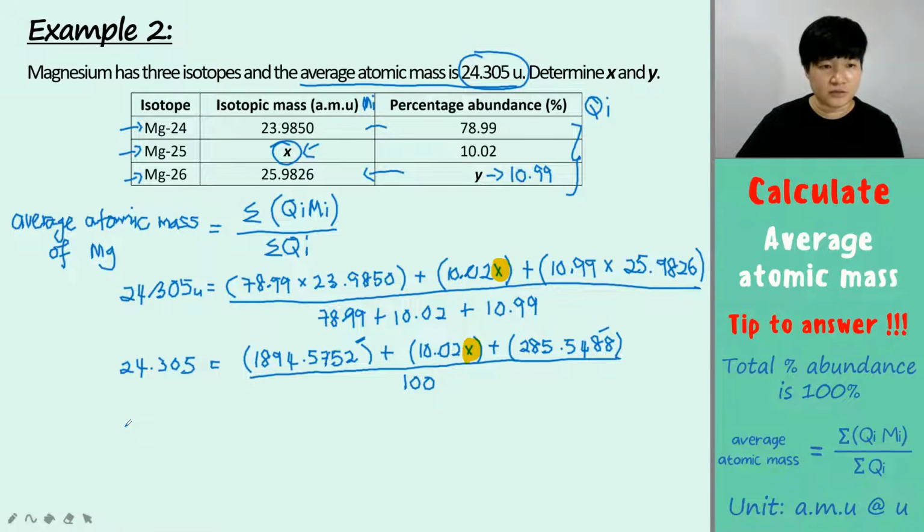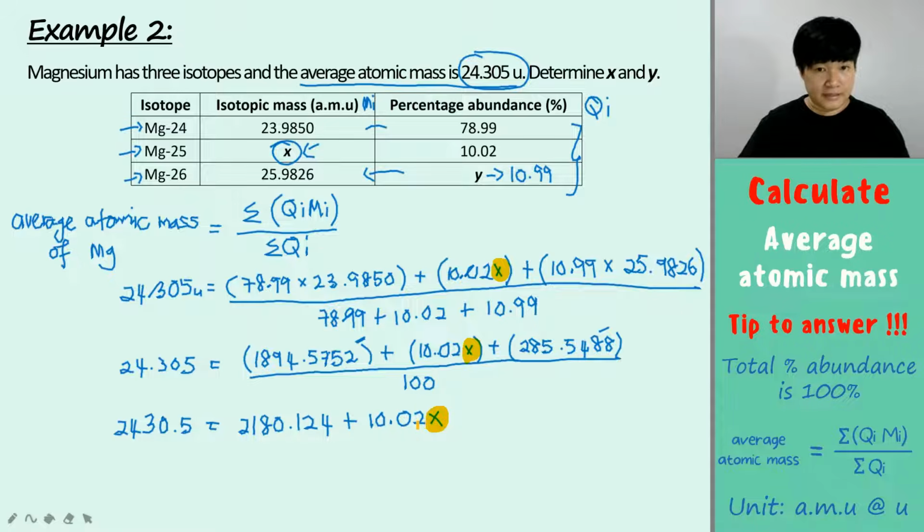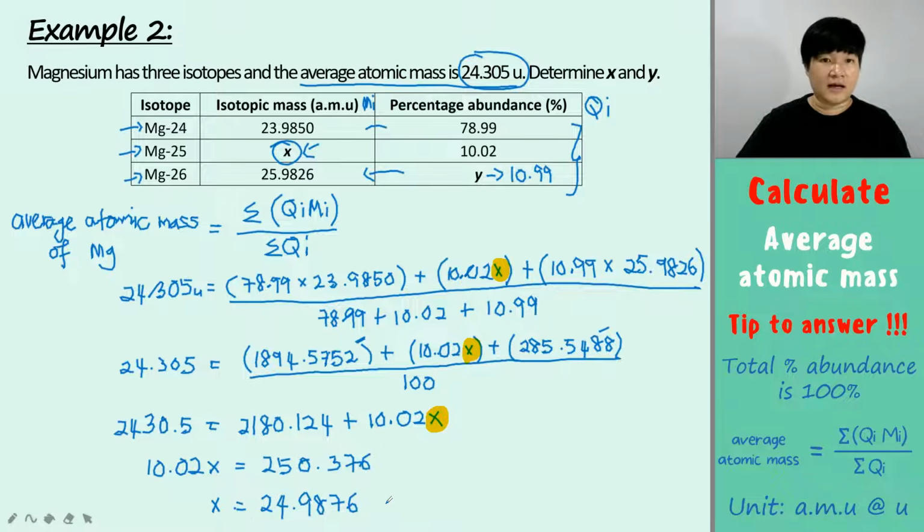Then it will give rise to this, and this is the x that we are looking for again. Alright, so solve the mathematics and get the x. And the x calculated will be this. Bear in mind, x is the isotopic mass in the unit of AMU. Therefore, the final answer must come with the unit of AMU. So this is the final answer.